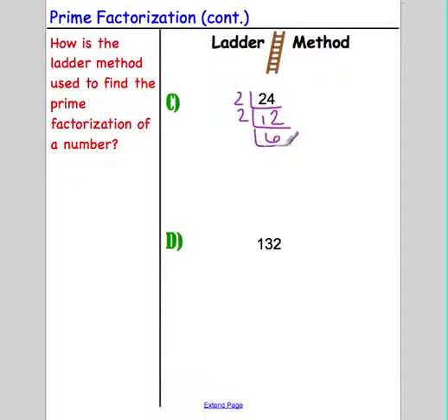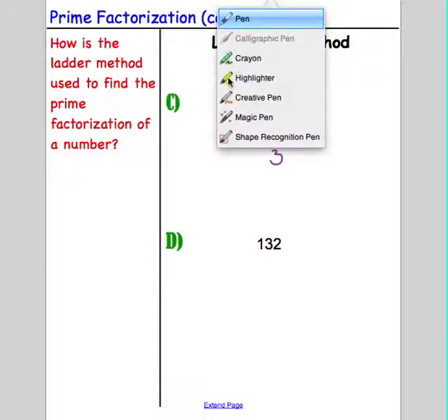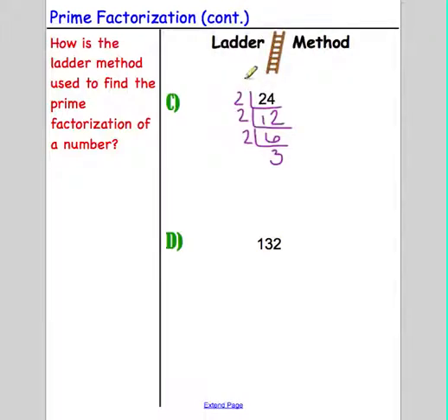I know 6 is still divisible by 2, and that gives me 3. 3 I know is prime. The awesome part here is that if I take my highlighter, 2 times 2 times 2 times 3 gives me my prime factorization. So I can write down that my prime factorization is 2 times 2 times 2 times 3, also known as 2 to the third times 3.